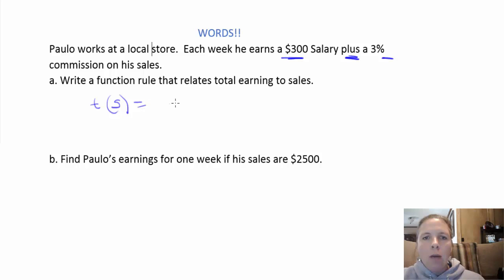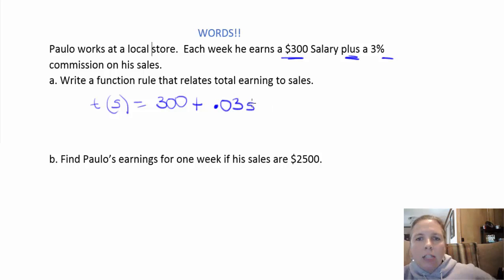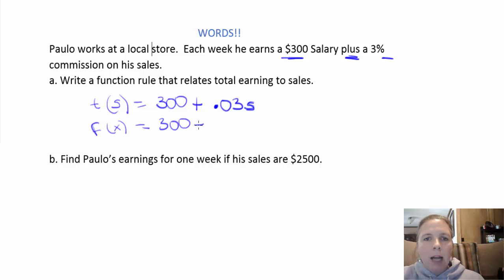Okay, so it's $300 plus 3%, which is 0.03s, because that's your sales, and that's an s, not a 5. If you had written it f of x, you could have done that as well, and it would have been 300 plus 0.03x.